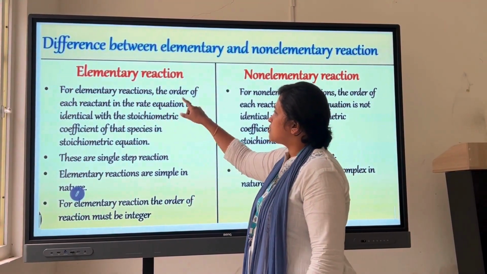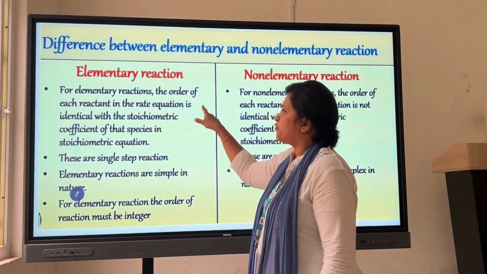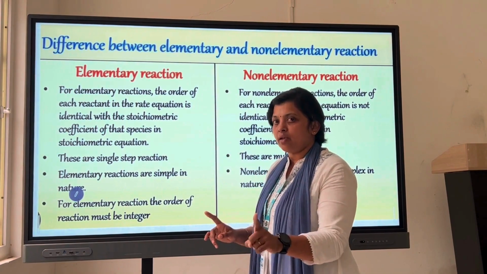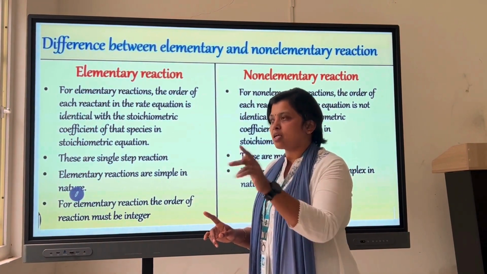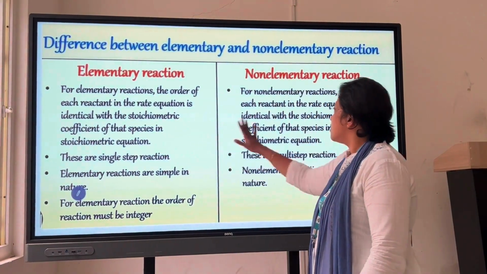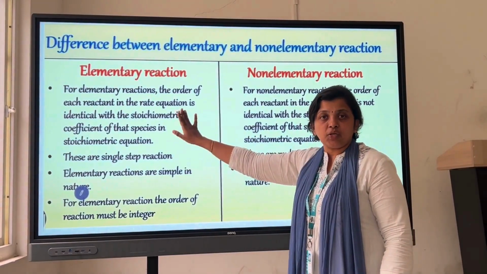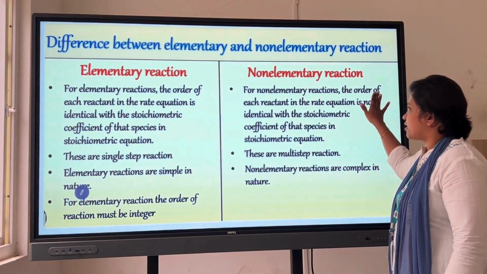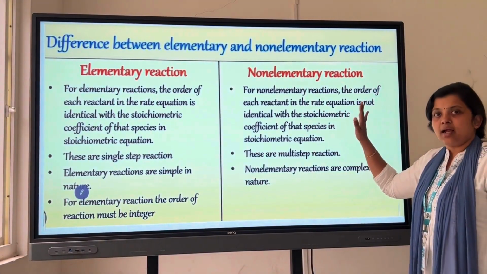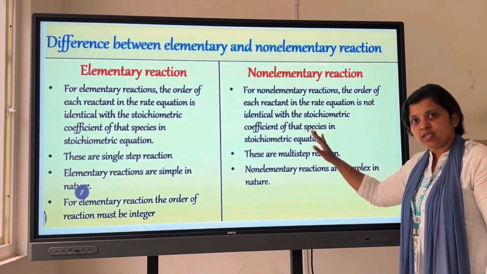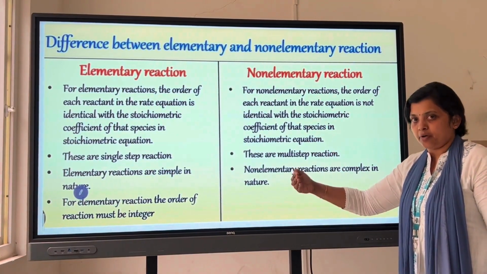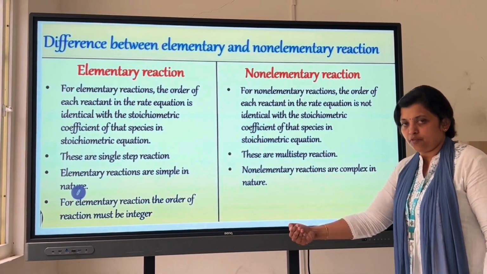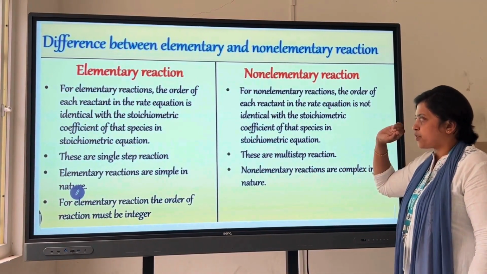For elementary reactions, the order of each reactant in the rate of reaction is identical. Only one step is enough to explain the rate of reaction and the rate constant, because the stoichiometric equation is single for an elementary reaction. But for non-elementary reactions, the rate equations and rate constants are n in number, based upon the steps of the reaction.